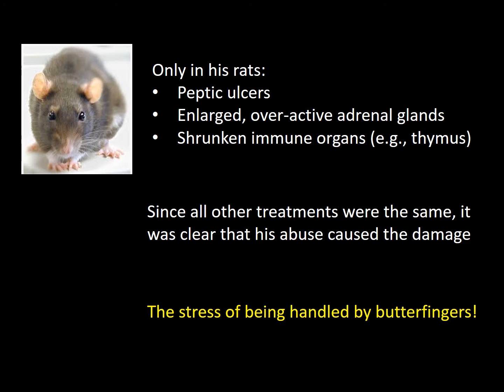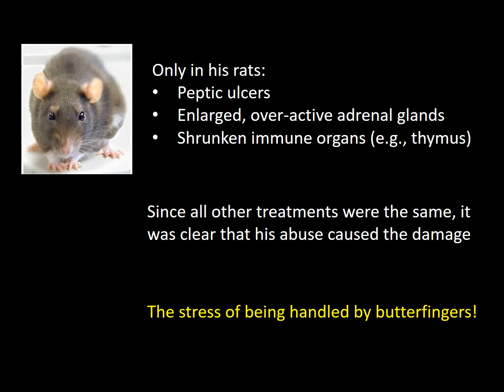At the end of this study, it turned out that in Hans Selye's pack of rats that he was in charge of as a technician, his were the only rats that displayed peptic ulcers, enlarged overactive adrenal glands, and shrunken immune organs like the thymus.